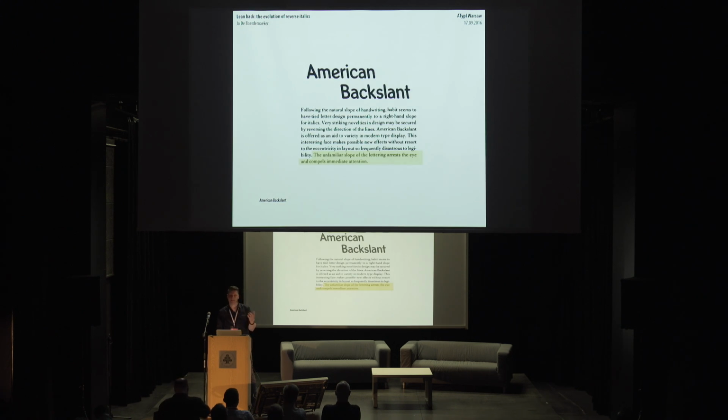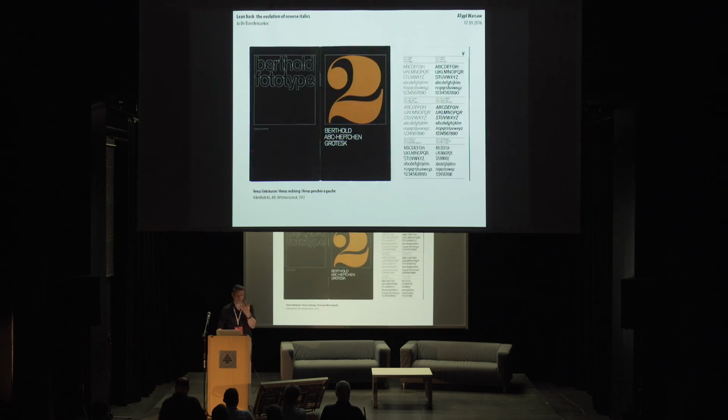The main reason they would advertise using the reverse italic is that the unfamiliar slope of lettering arrests the eye and compels immediate attraction. It's because people are not really used to seeing it in everyday life, whether nowadays or in the 50s and 60s. That's the reason why they would promote using this backslant.